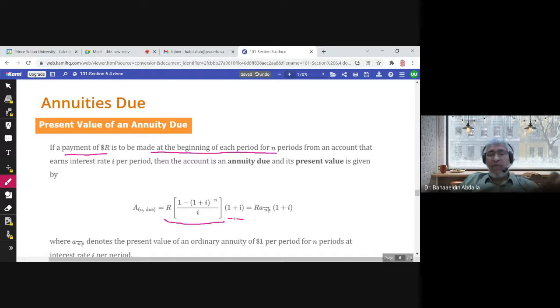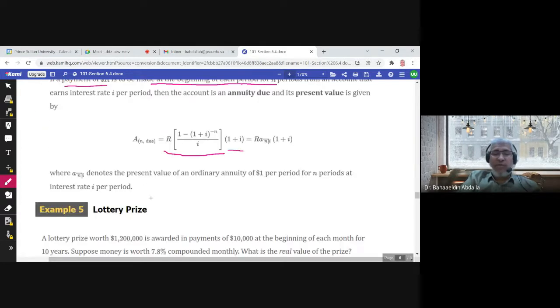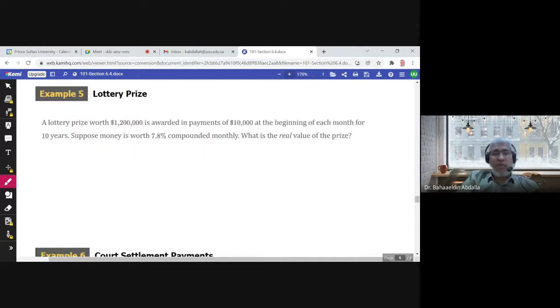We multiply the formula of ordinary annuity by 1 plus i, whether we are talking about the present value or the future value of an annuity. Everything else is the same: R are the payments, i is the interest rate per period, and n is the number of periods. So let us go to the examples.